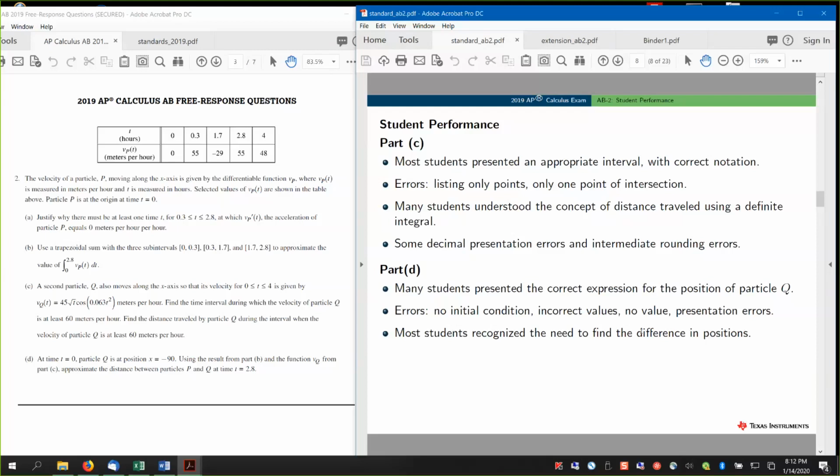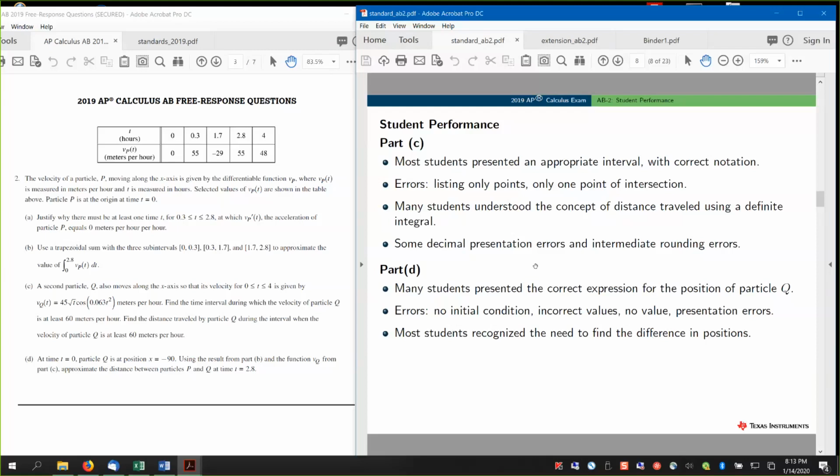And unfortunately, some only found one point of intersection. It seems like many students understood the concept of distance traveled here, which is a good thing, that they needed to use a definite integral. However, there are still some decimal presentation errors here, and there were some intermediate rounding errors.